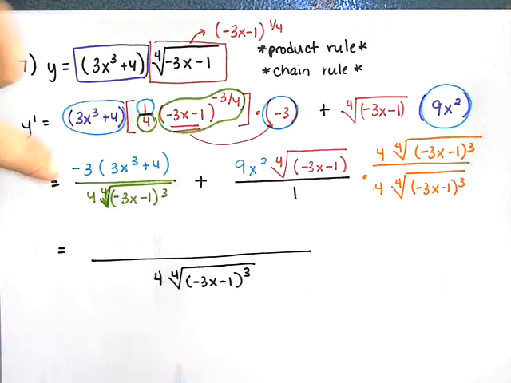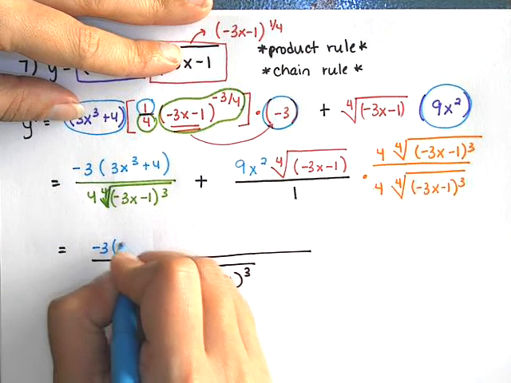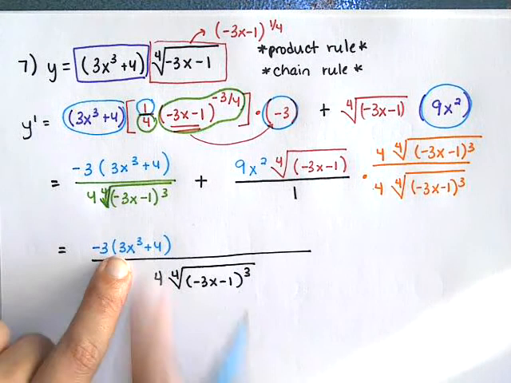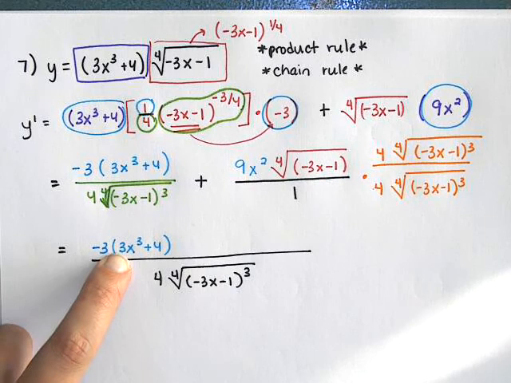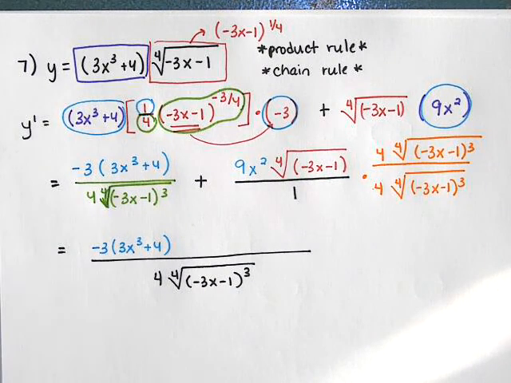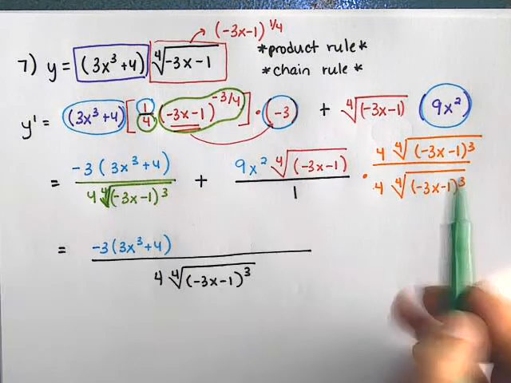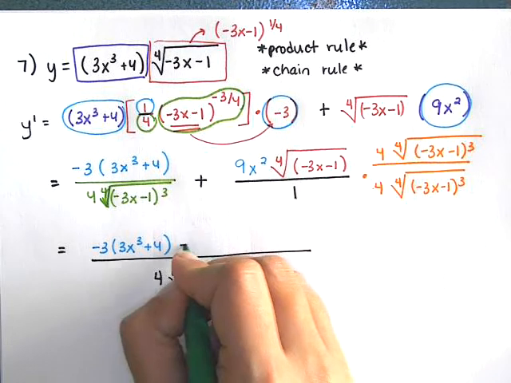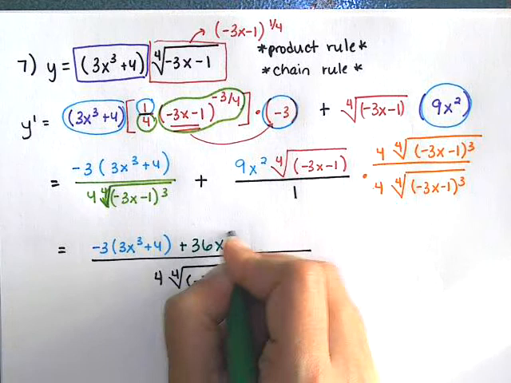Since the first fraction already had that denominator, I just leave what was in the numerator alone, and I put it in the numerator of the new fraction. Now what's going to change here is what's in the second part of this fraction. 9 times 4 would be 36x squared.